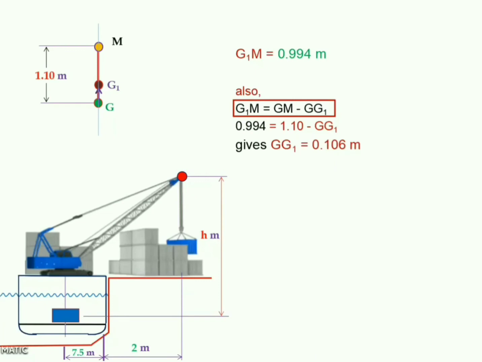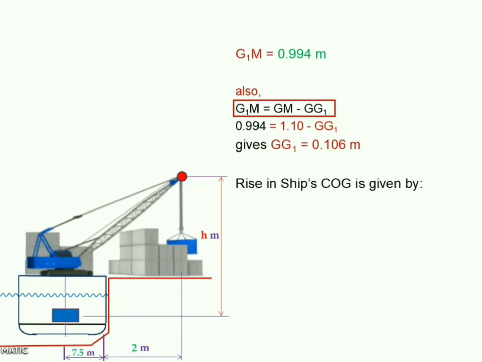We know that the loss in metacentric height GG1 is the same as the rise in the ship's center of gravity, and we are also aware that the rise in the ship's center of gravity GG1 is given by m into d1 divided by delta, where d1 is the vertical separation between the original center of gravity of the mass and the derrick head.